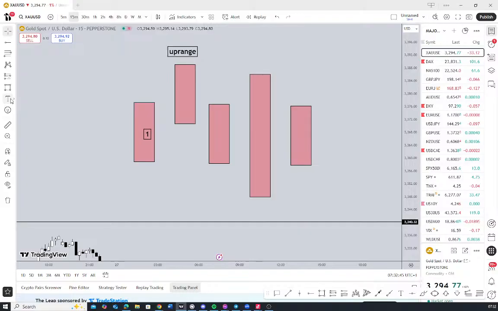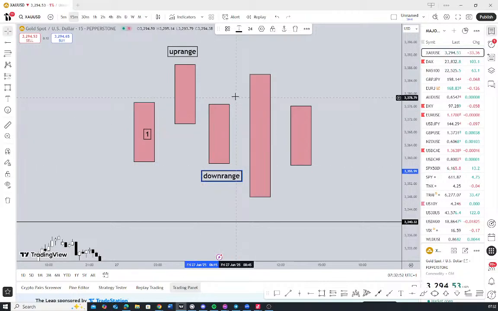I'll explain the differences in a second. Candle three is downrange. Candle four is an outside. Candle five is an inside.